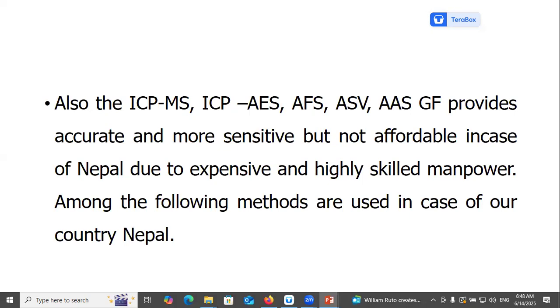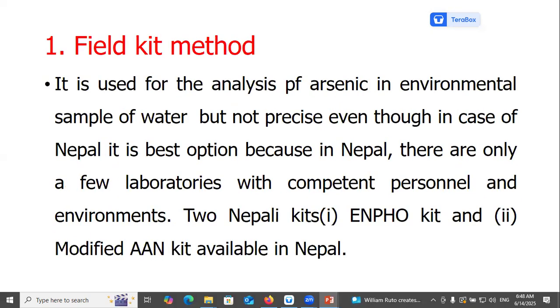ASV, AAS, gas chromatography provide accurate and more sensitive results but are not affordable in the case of Nepal due to expensive instruments and highly skilled manpower. Among the following, these methods are used in our country Nepal. Field kit method.